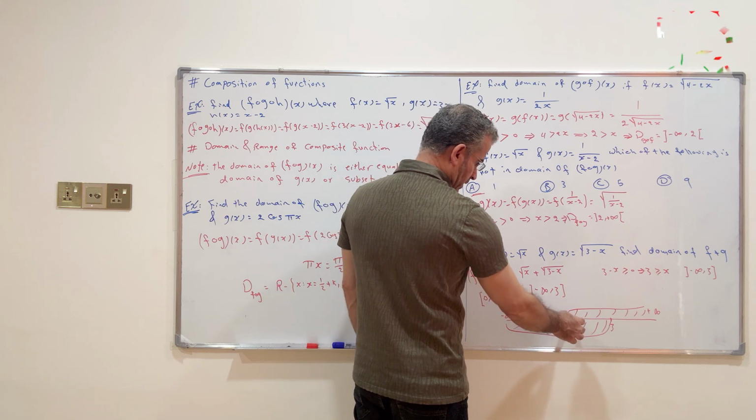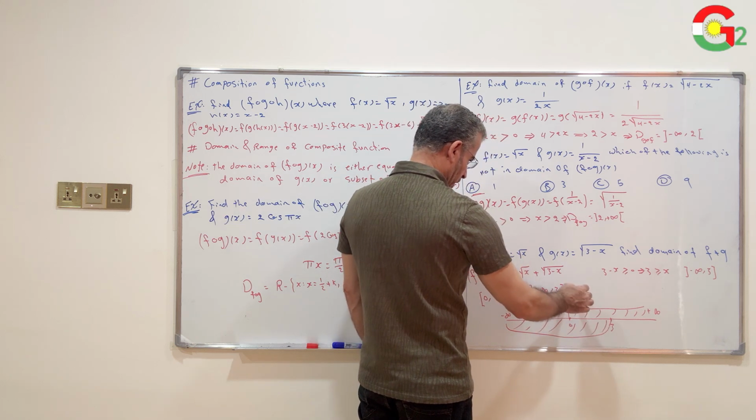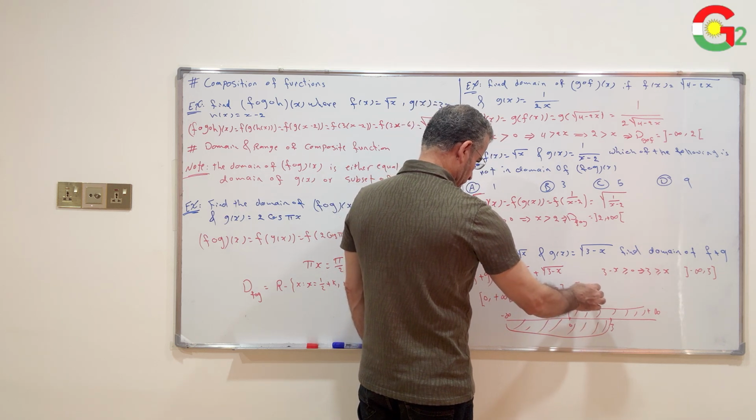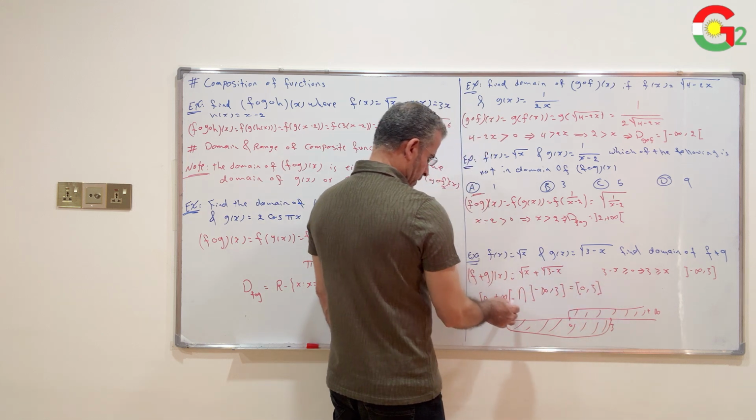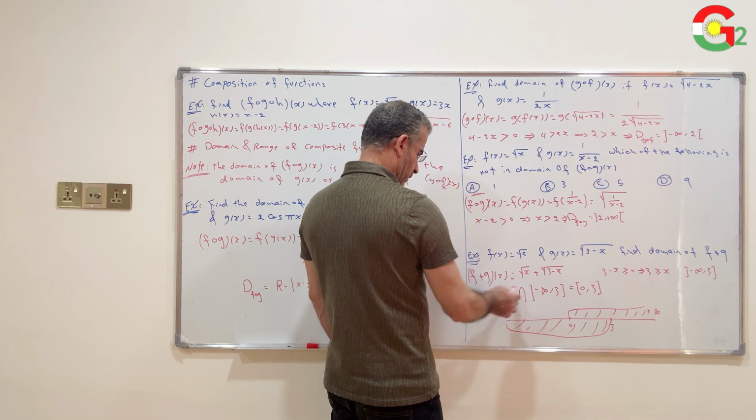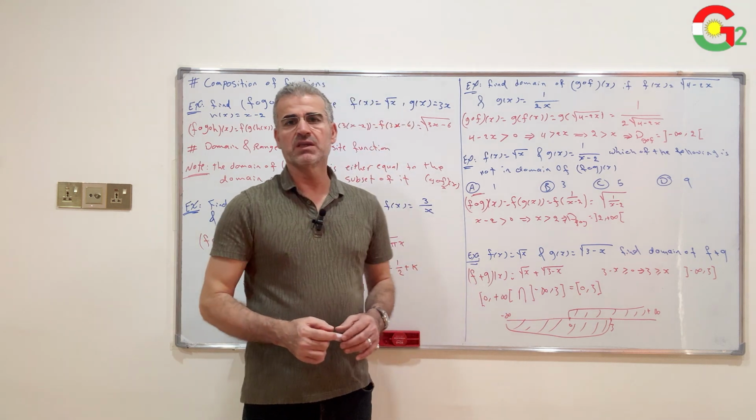The intersection is from 0 to 3, with 0 and with 3, since 3 is in the second interval and 0 is in the first interval.